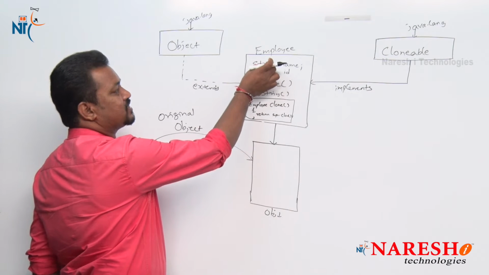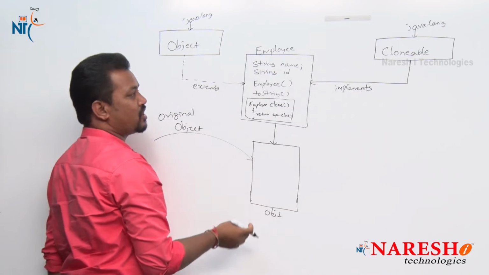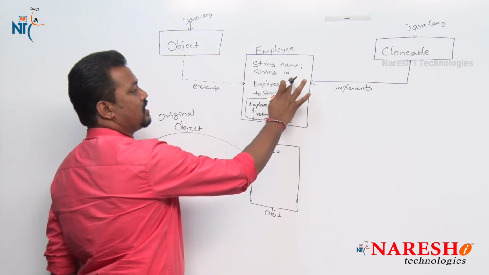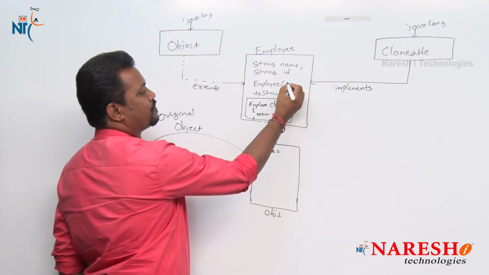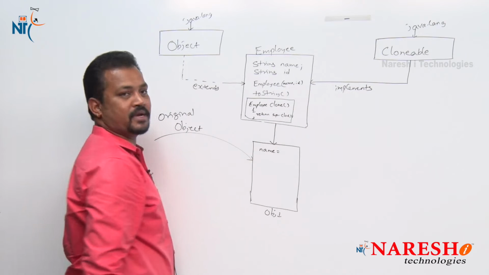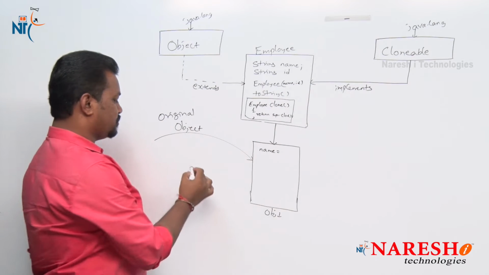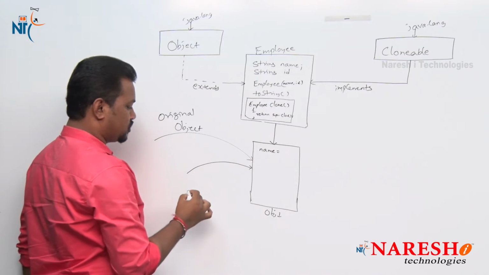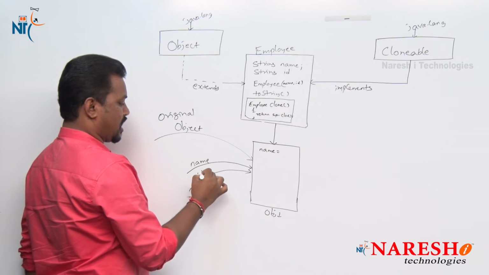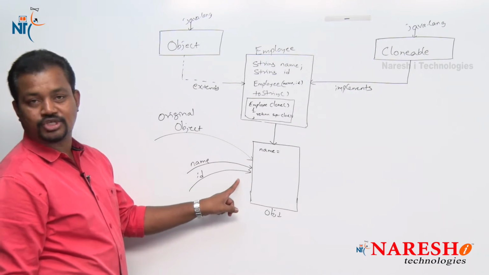Now whatever fields are available here, the non-static fields, which I am calling instance variables, will come here. While creating the object, I am going to pass name and ID as parameters.